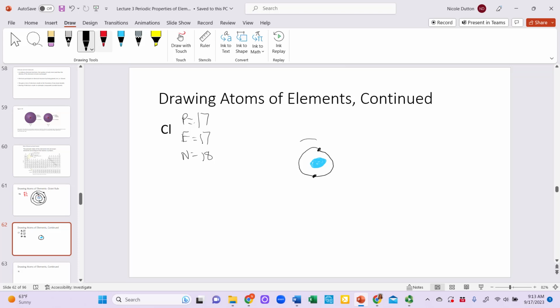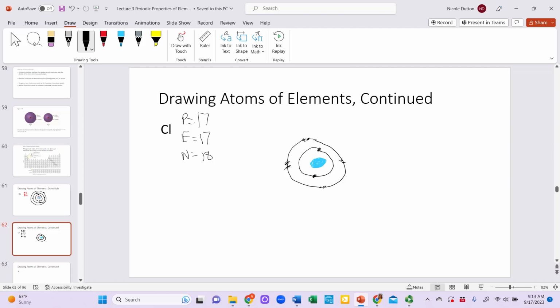The next and subsequent orbitals can each hold 8. So 1, 2, 3, 4, 5, 6, 7, 8. Now all these are happy. They're by each other, they're paired up, they're good.